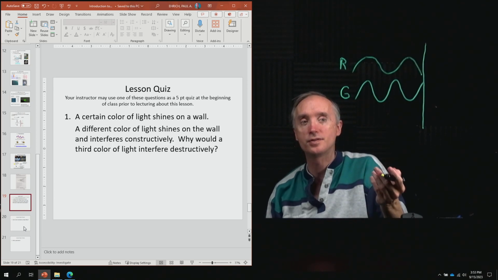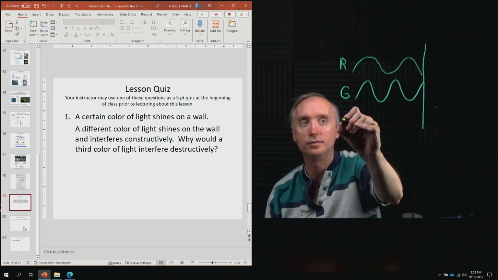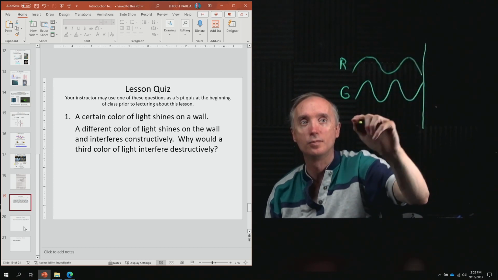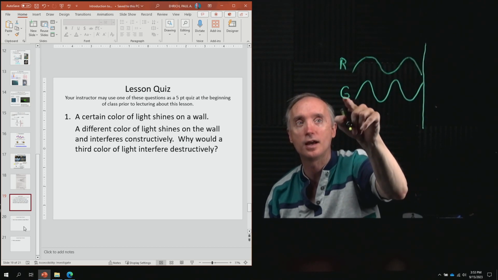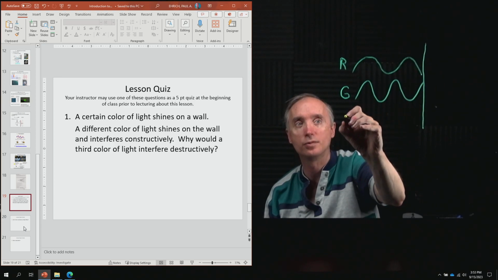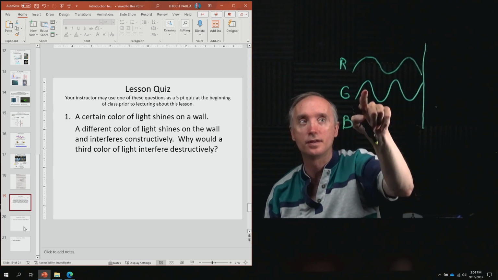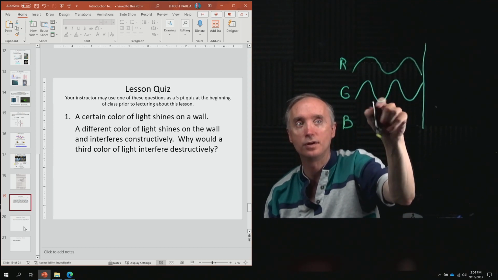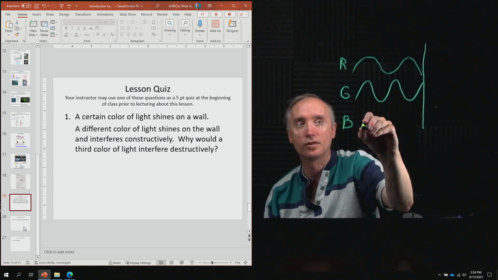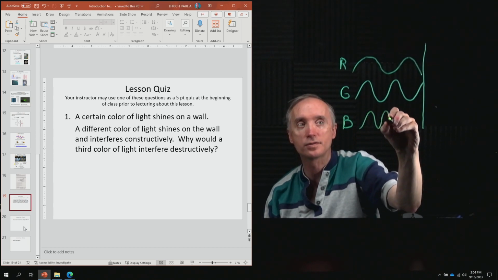Okay, but let's say that we've got blue light. These two canceled out, but what would happen if you had the green light and you mixed it with blue? So blue light is going to have a wavelength that is shorter than the green. So that means I need to draw it something like this.